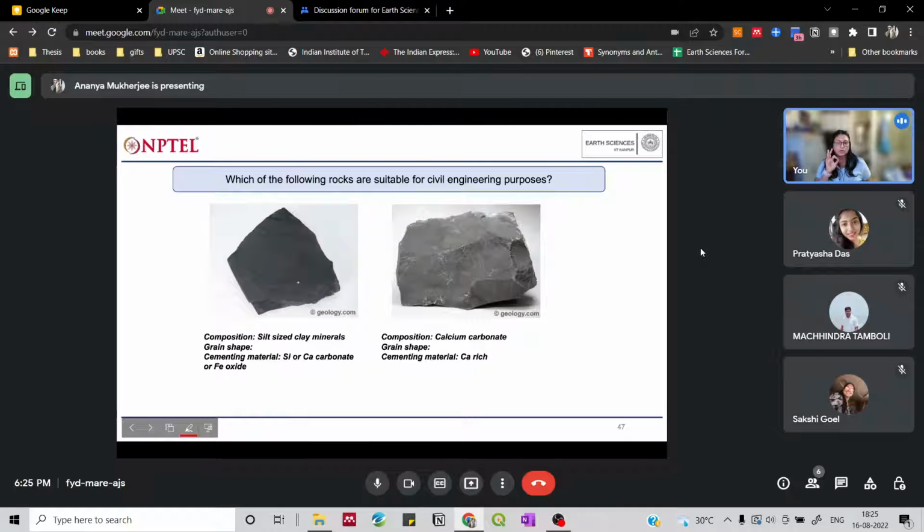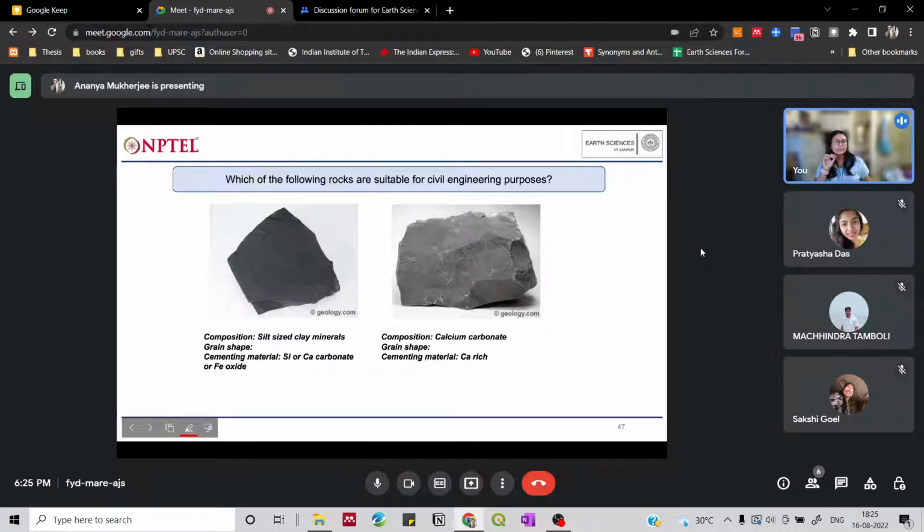Now we cannot see with our naked eye which kind of cement is there. It can have silica, it can have calcium carbonate, and it can also have iron oxide. So depending on the cementing material also, the rock varies. Now in the right hand side sample, we see it's gray, but after conducting a few tests, we see that this is a calcium carbonate rock.